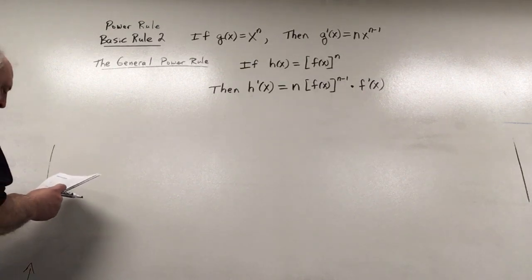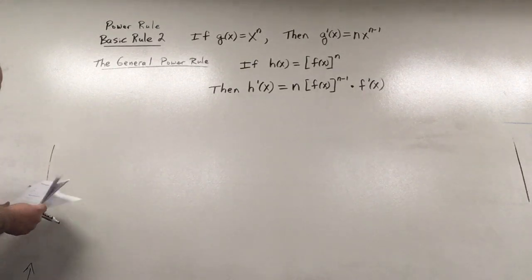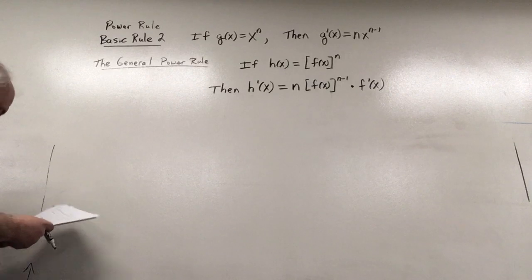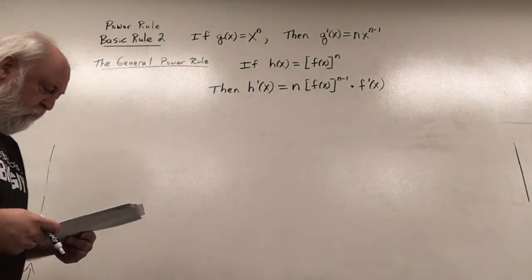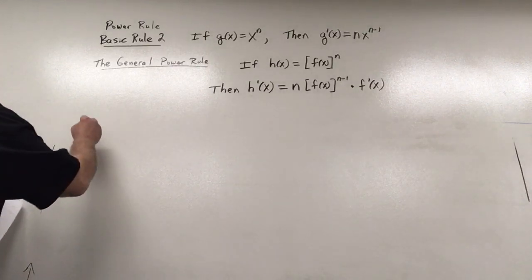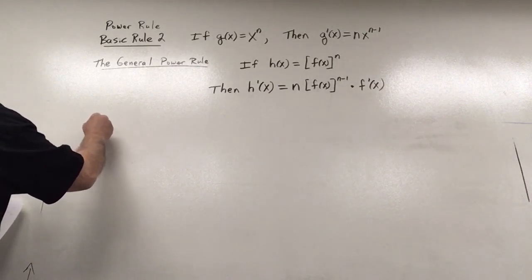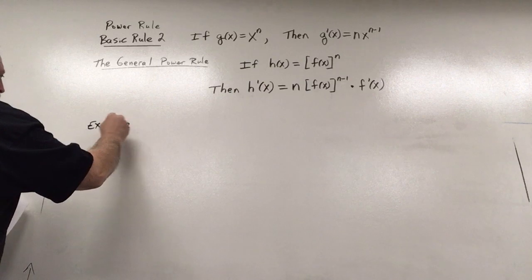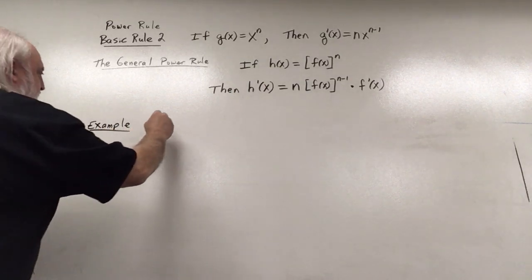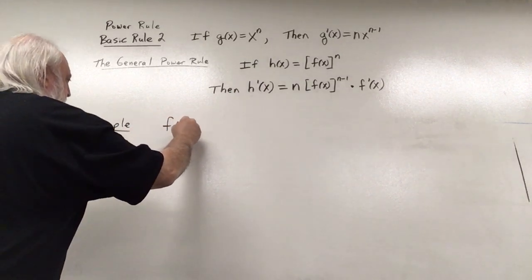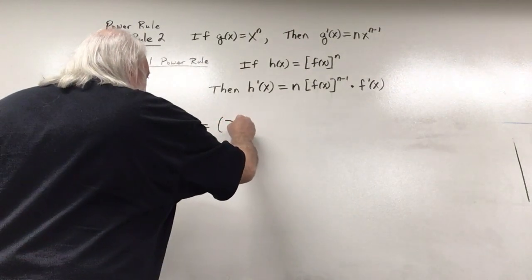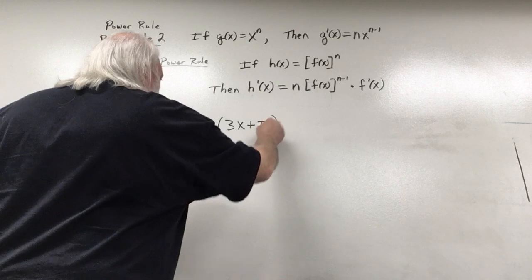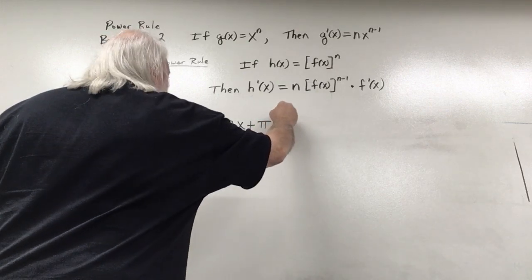In our first example, from your note packet, and I'm on page 23 in your note packet, we have f of x is equal to 3x plus pi raised to the 4th power.